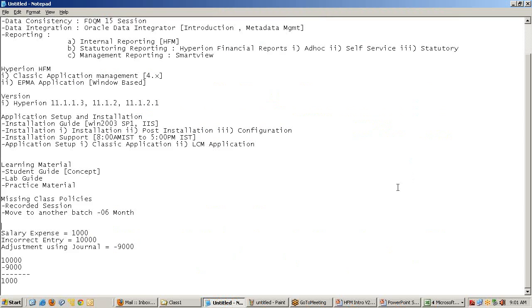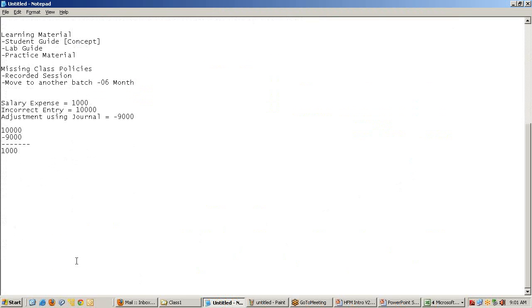Let's take another example. Suppose I have a parent company X, which has a subsidiary called A. Company A has this hierarchy. We have line of business, under this we have sub line of business, and let's make it division and cost center.